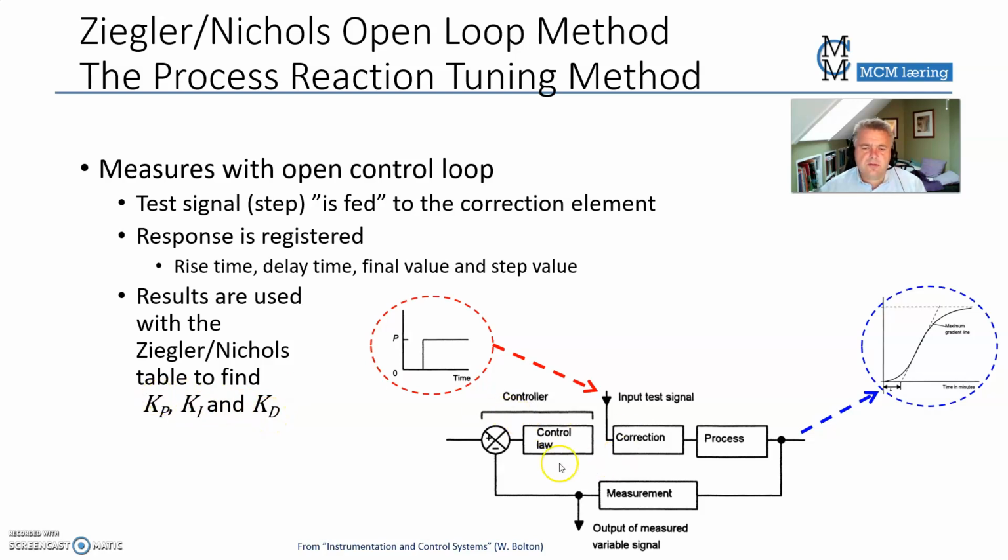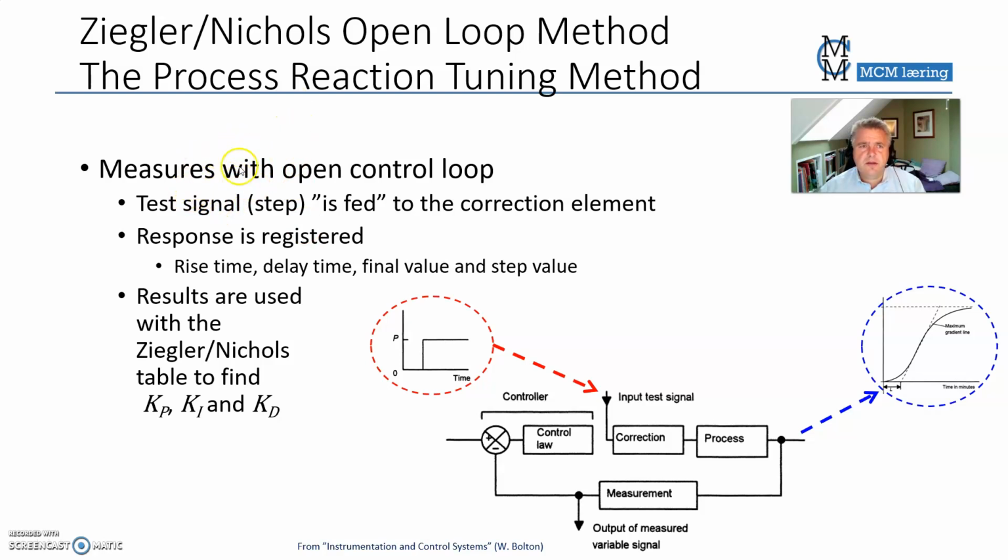So you have some ideas of what you should put into the control law, and then when you have put in the values here, started your system, then you can fine-tune by observing the response. But you need some starting points for those values, and that is the methods of Ziegler and Nichols. So I will briefly go through the two methods.